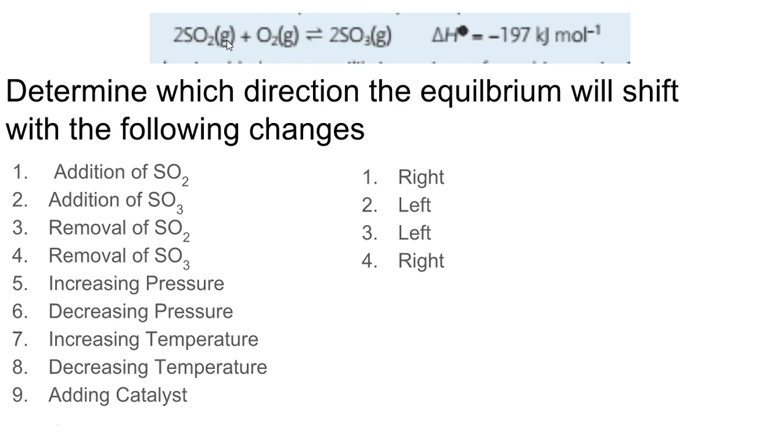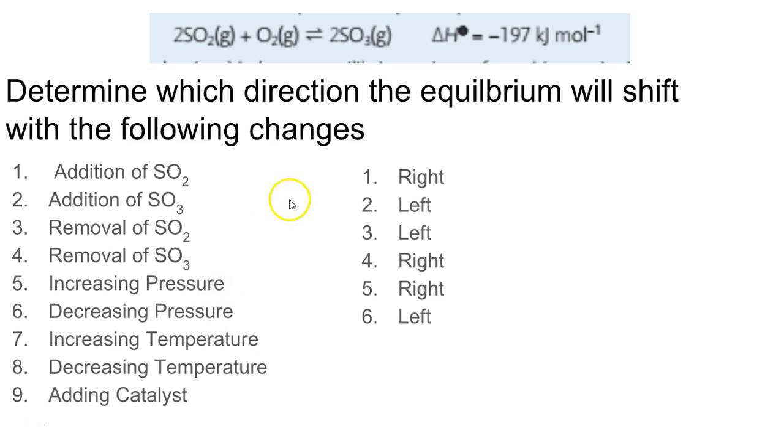So if I increase the pressure, the side with more moles of gas is going to move in the opposite direction. So we have 3 moles of gas here, so it's going to want to move towards the 2 moles of gas side. Let's move to the right. If we decrease the pressure, then the side with more moles of gas is going to move towards that side. And so it's going to move to the left.